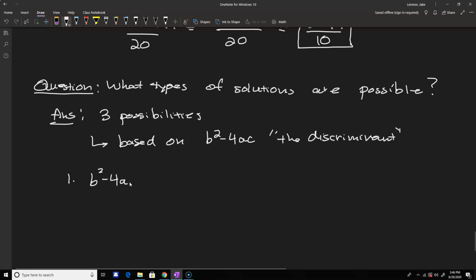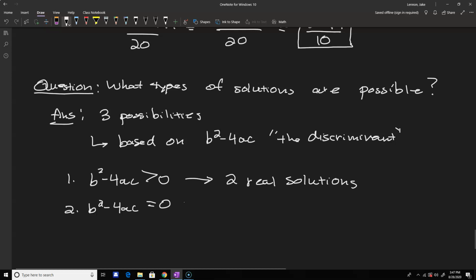So if b squared minus 4ac is positive, if it's greater than 0, we have two real solutions. If b squared minus 4ac is exactly equal to 0, we have only one real solution.